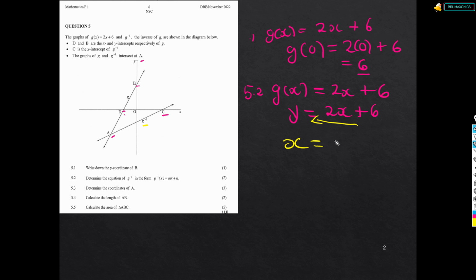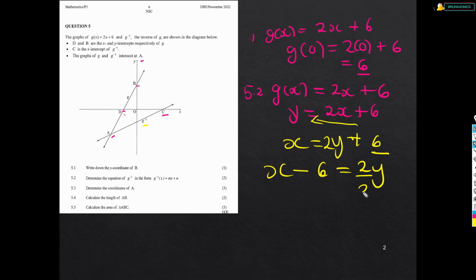So x is equal to 2y plus 6. Done. Then after that, you have to solve for y. So I'll take this to the other side, and then I'm going to have x minus 6, which is equal to 2y. When 6 jumps the equal sign to the other side, that will be a minus.